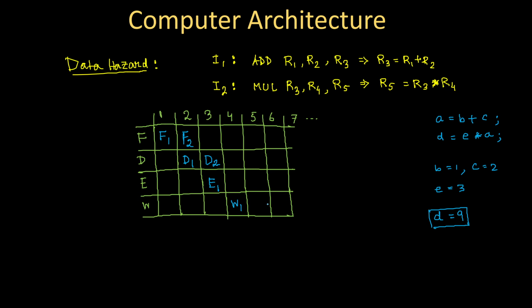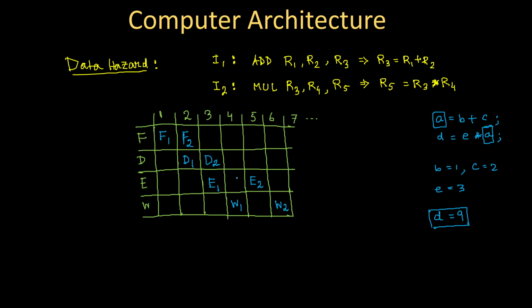Although the execution of the previous instruction was completed, you still cannot continue with the execution of the second instruction. The execution of the second instruction can start from here only, because after the fourth clock cycle the write back operation is completed. So A got the new value. Now you can use this A over here to get the correct value of D in the fifth clock cycle, and then you can continue for writing back the second instruction.